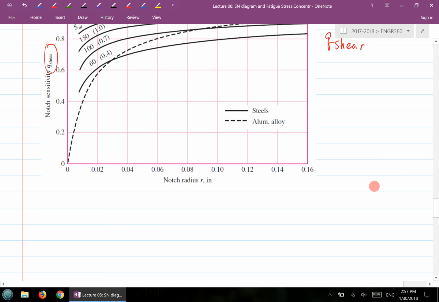Now another thing we can take a look at is the KF formula. Let's look at some of the extreme cases. What happens when Q equals 1? When Q equals 1, what does KF equal to?